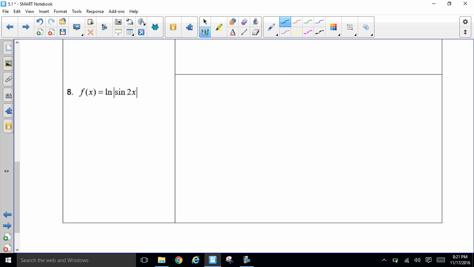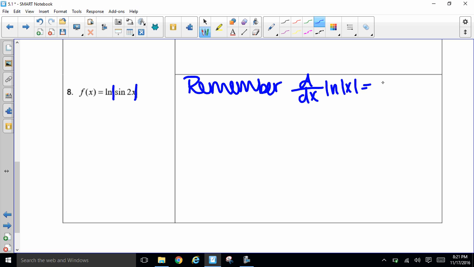Okay, so here's my original function, but I take a look and see, hey, this is in absolute values, which should make me think more about splitting it apart and having more to do. But remember, we just showed that d by dx of natural log of absolute value of x is still just 1 over x.